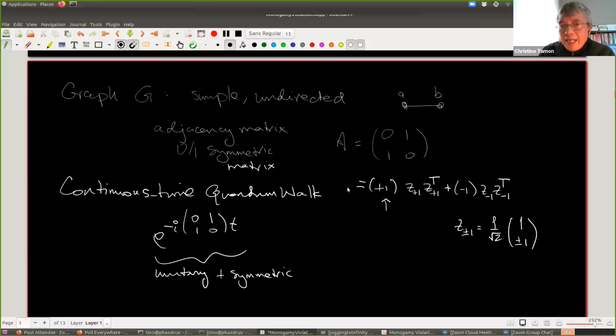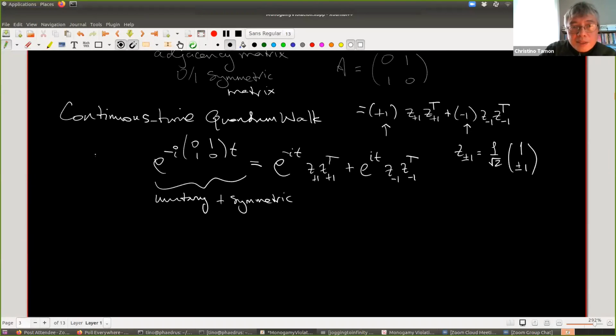The nice thing is this spectral decomposition allows us to analyze this exponential matrix by simply exponentiating, or performing this function on, the eigenvalues. So this essentially will give us something like this. All right, so we just apply the function to the eigenvalues.